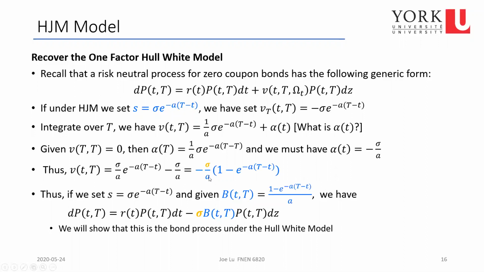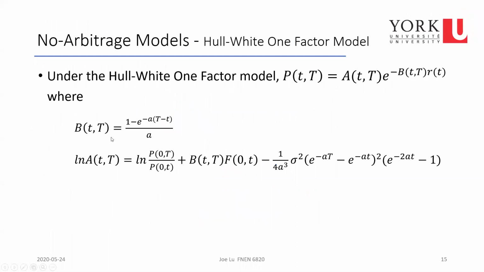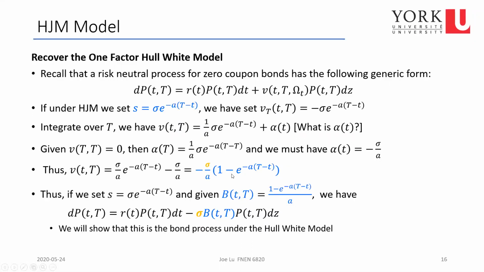Essentially you multiply this 1 over a inside the bracket, and that will give you a B from here. So then you're only left with alpha, so minus alpha times B. Now it's interesting here that in this case, this alpha is not a function of little t, whereas in the Ho-Lee model, this alpha t is actually a function of little t. So here you actually have a simpler expression.